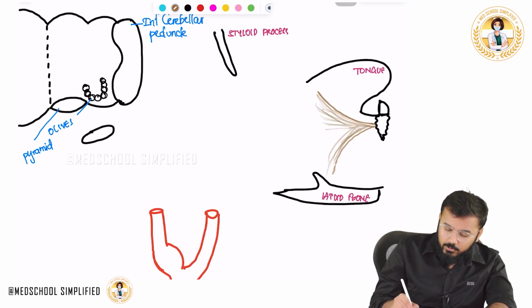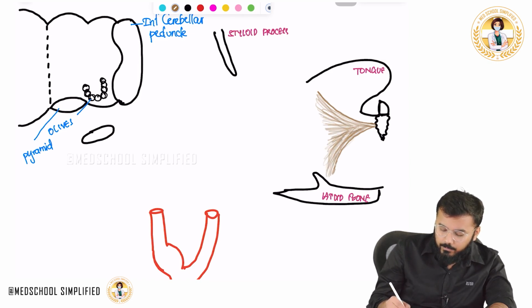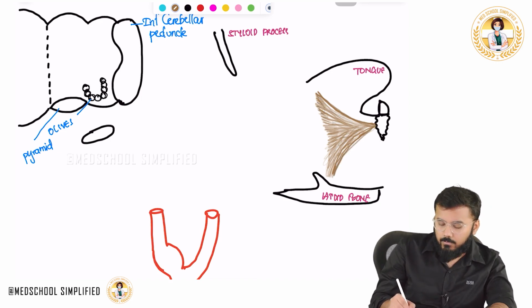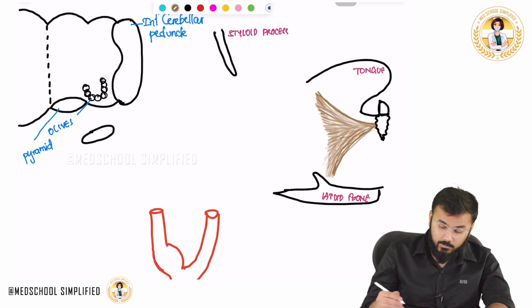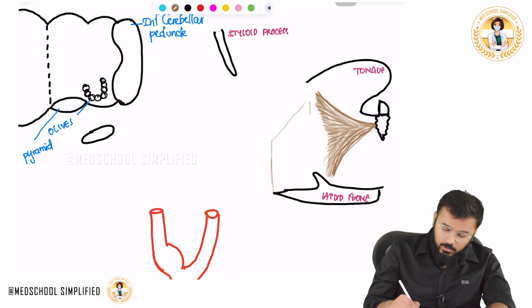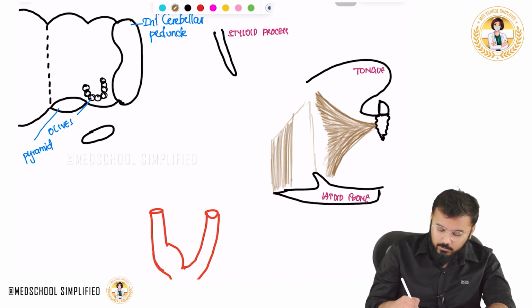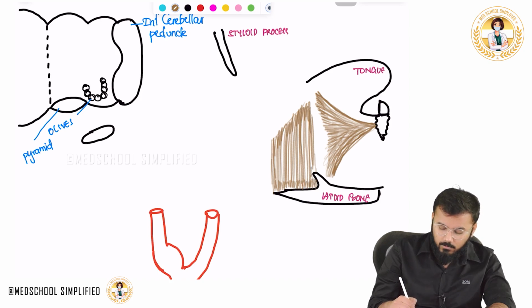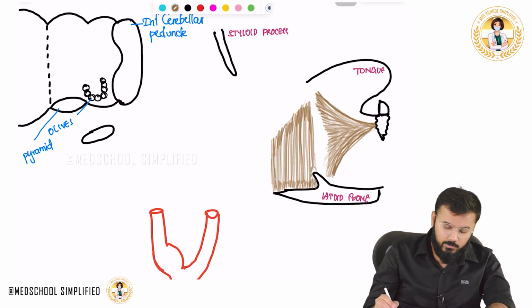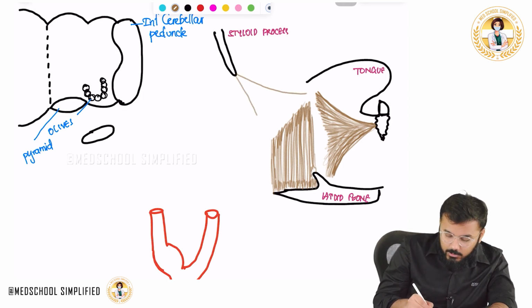This muscle which you can see over here is called the genioglossus muscle. Now after this genioglossus muscle, here you have another muscle like this, right? So this muscle is called your hyoglossus muscle. Next, from the styloid process, you see this muscle that is coming.